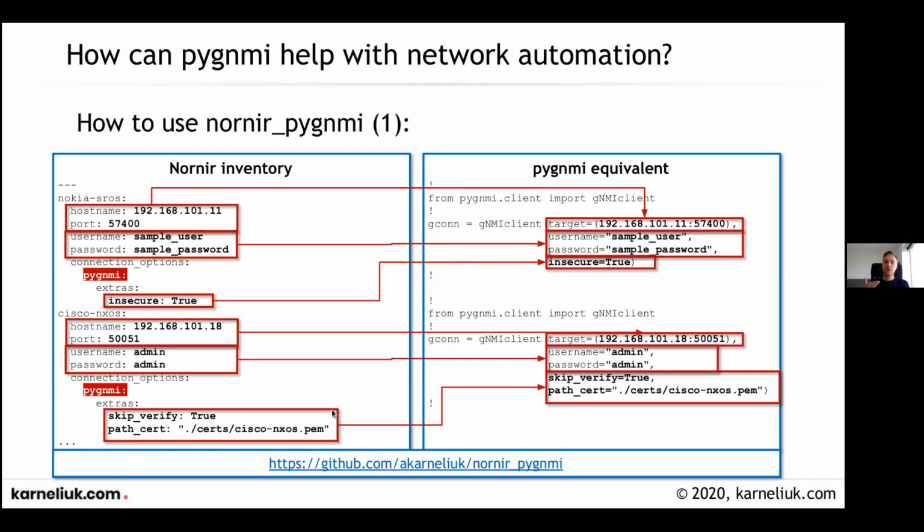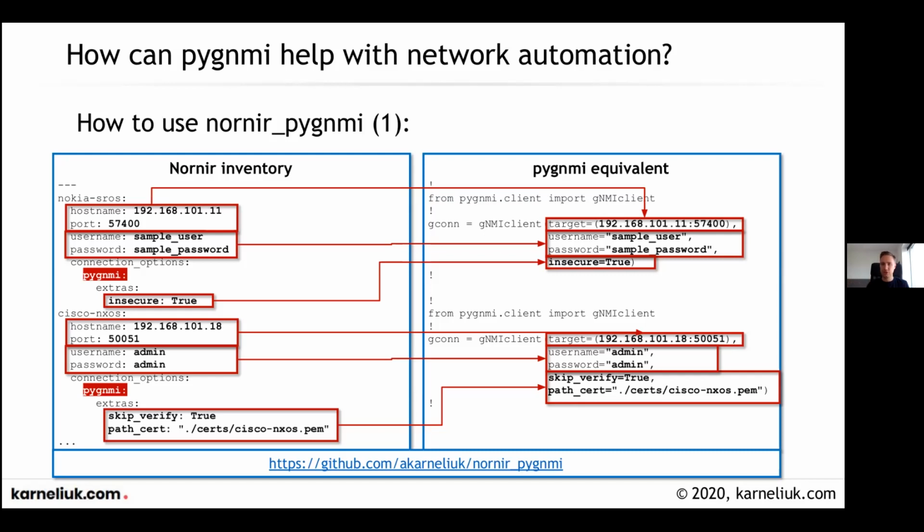So technically, in the connection options, PyGNMI extras, we provide everything that you provide besides target, username, and password within the gNMI class. For example, if you have authentication, these tokens will go into the extras as well, or if you would like to set skip verify or override or any further information. Therefore, the information out of the inventory helps you to construct the object itself.